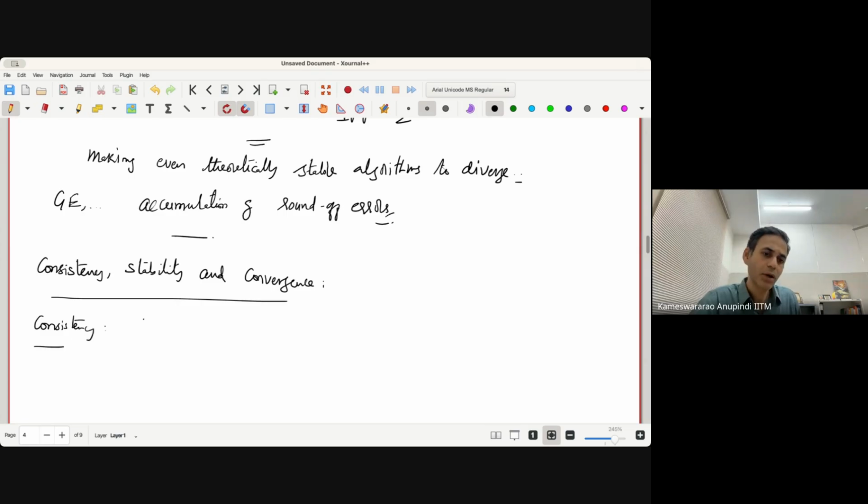So consistency, or a consistent scheme: we define this truncation error, right? So the truncation error should become smaller and smaller as the mesh and the time step are made smaller.